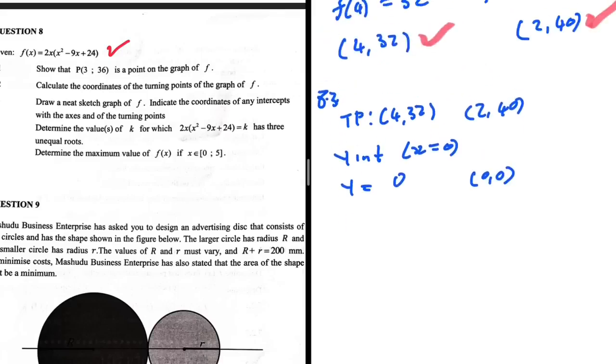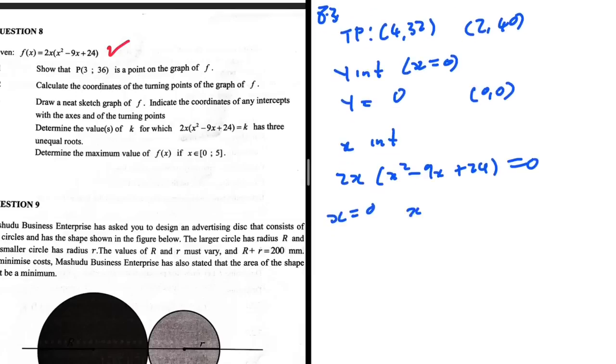Now let's find the x-intercepts. We need to let y be equal to 0. So we get 2x times (x squared minus 9x plus 24) equal to 0. We already know that x equals 0 is one of the x-intercepts, but we then need to find the other two from x squared minus 9x plus 24 equal to 0.